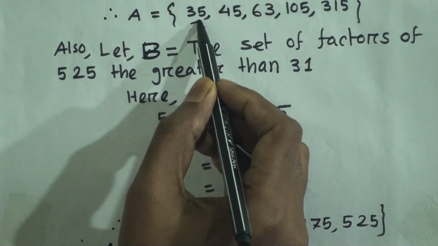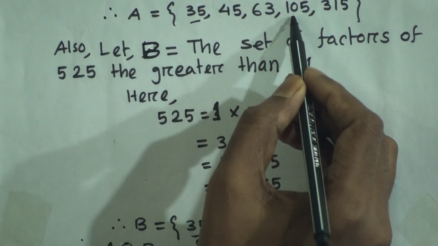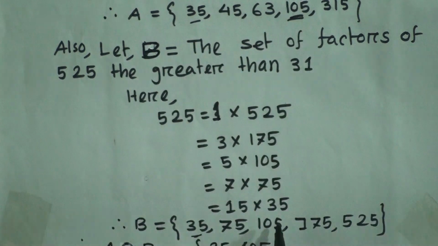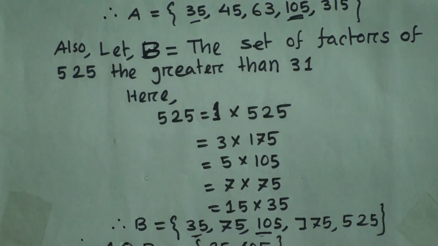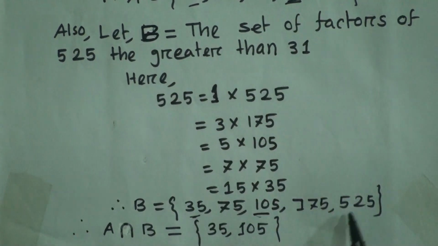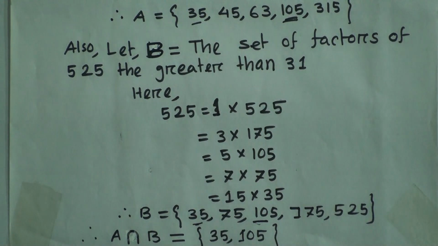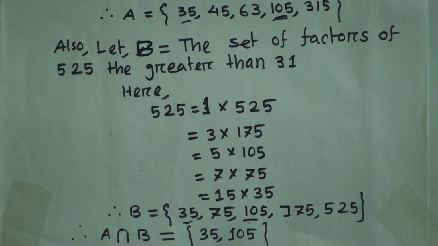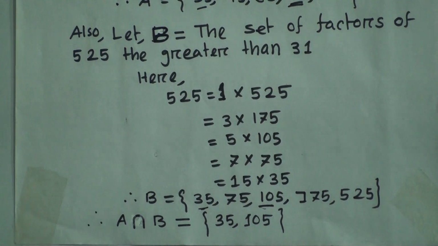Then 45, no, there is no 45, but 105 here and here is also 105. So we select 105 and 35. 175 there is no, 525 there is no. So our required set is A intersection B equal to 35 comma 105. This is our required solution.